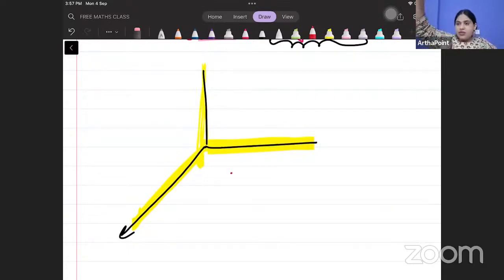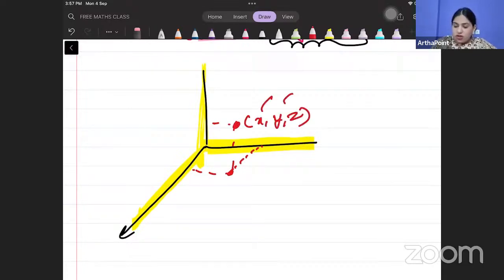Now take a point in the room. It has some value of X, Y, and Z, such that all three are real numbers. So to be very precise, it is going to be your coordinate.